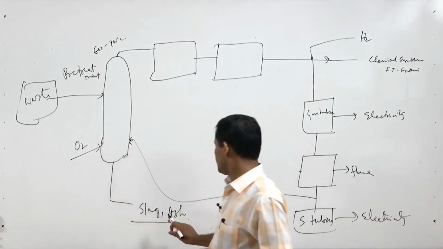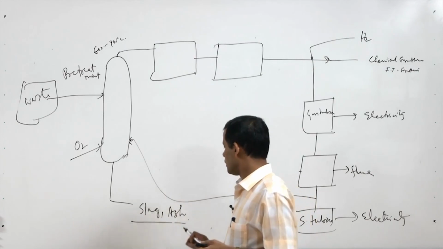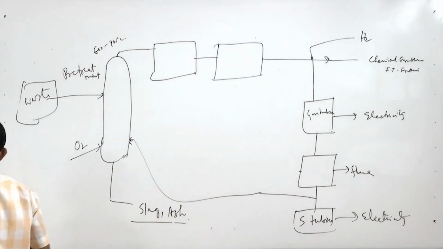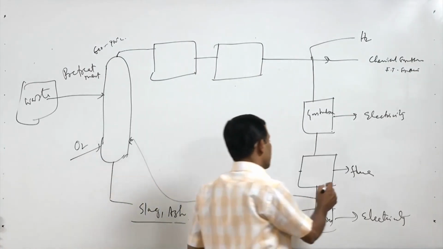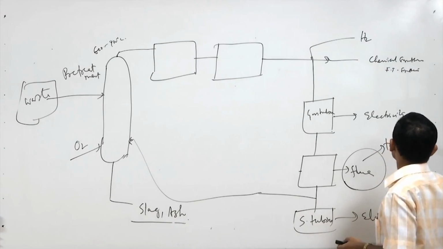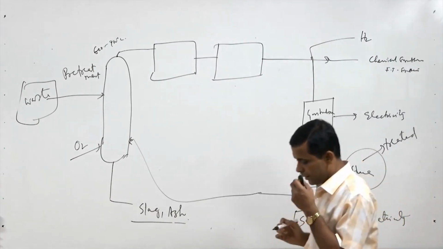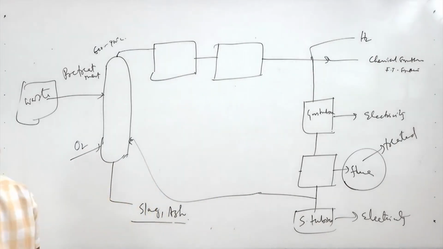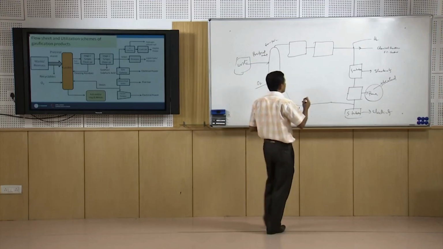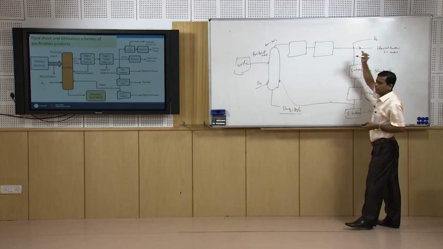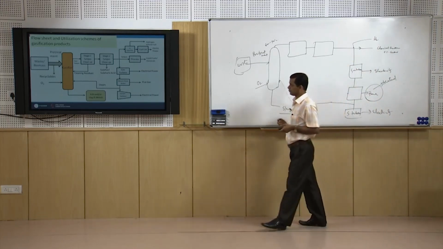This can be recovered or managed in a proper way. Now, this flue gas which is generated here has to be treated, and we will be discussing these things in another module, and we will also discuss the scope for different applications in detail in another module.